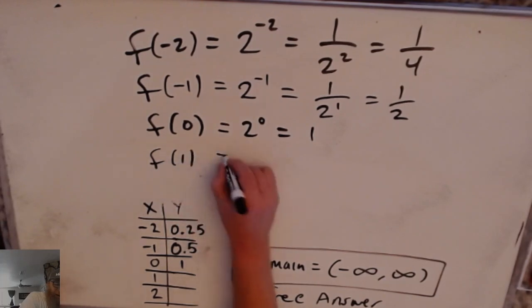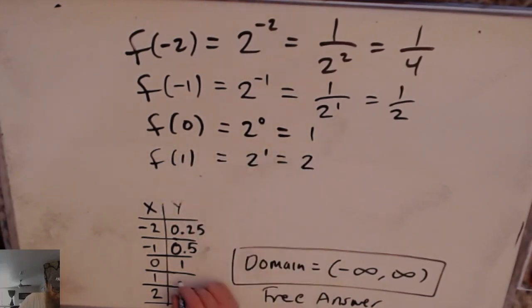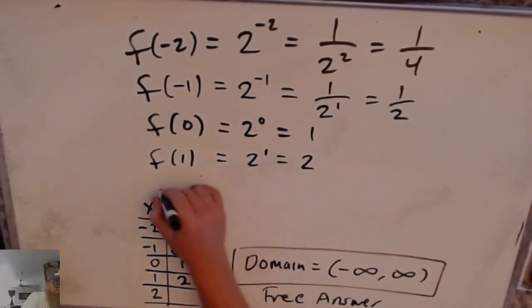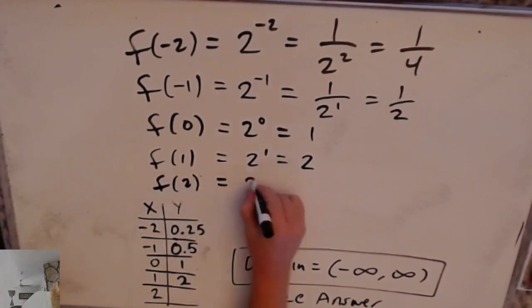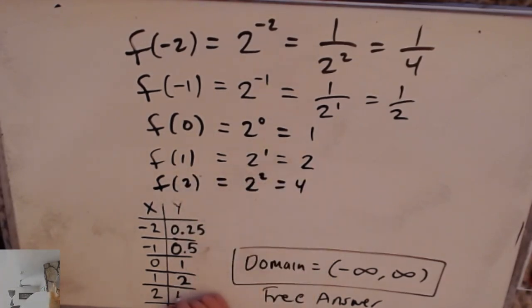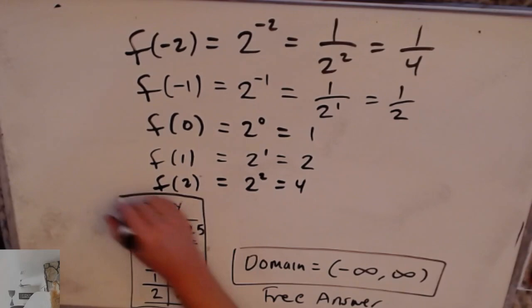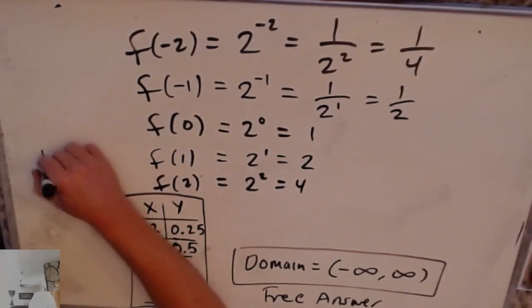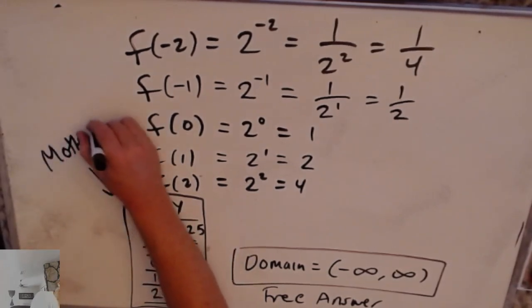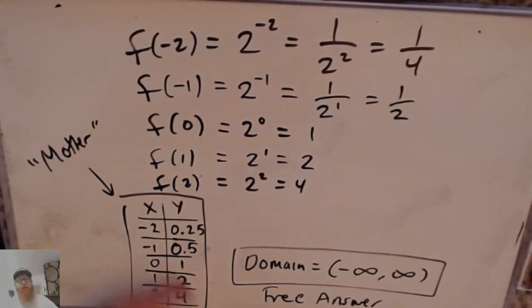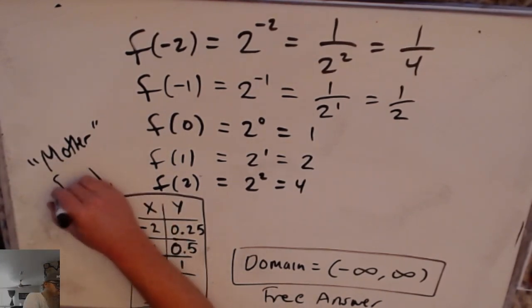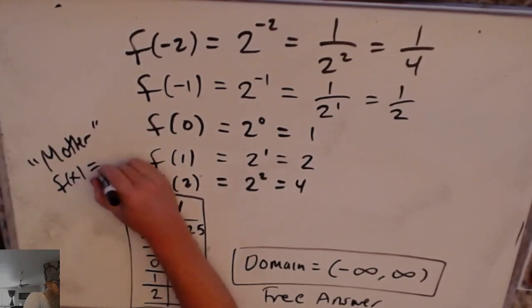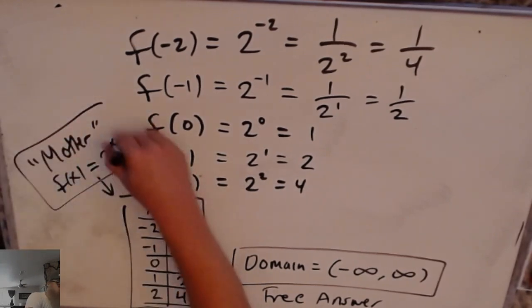F of 1, that should be pretty straightforward. That one comes out to be 2. And F of 2 is 4. So this is what we will call the mother function. This is our mother table for f of x equals 2 to the x power.